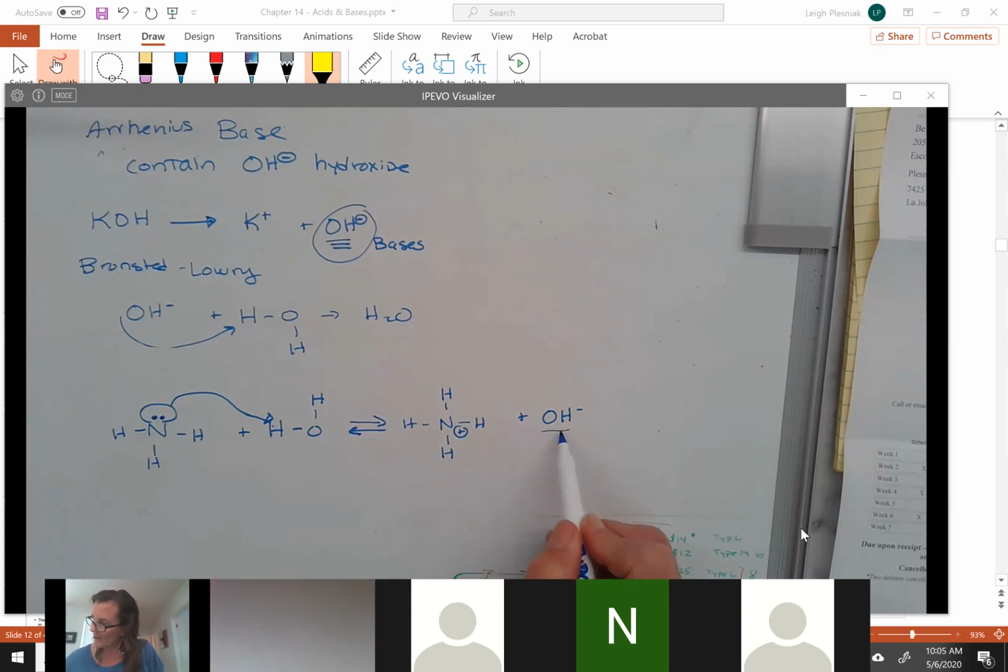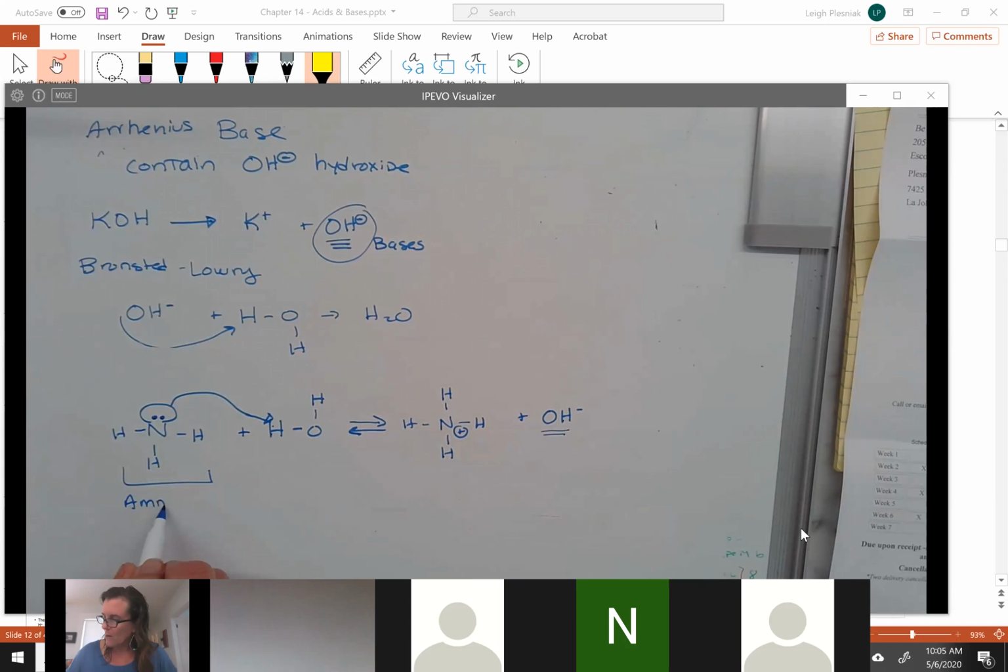But also notice that hydroxide was produced in this process. So ammonia is a Bronsted-Lowry base, but it is not an Arrhenius base.